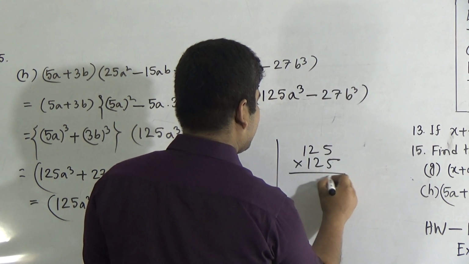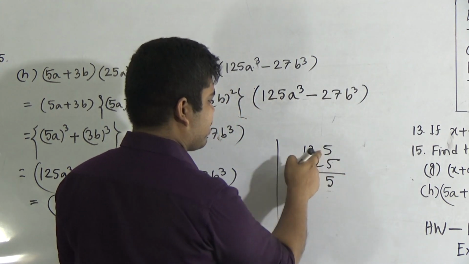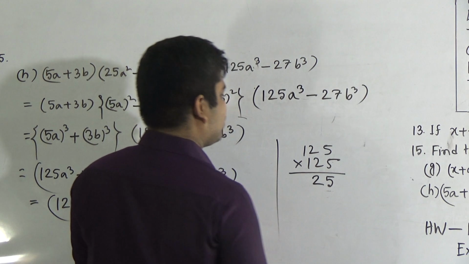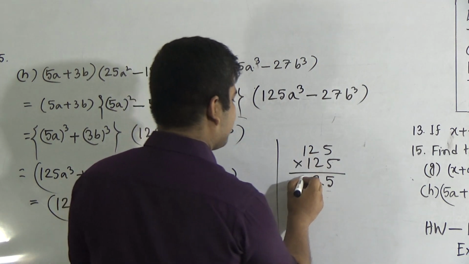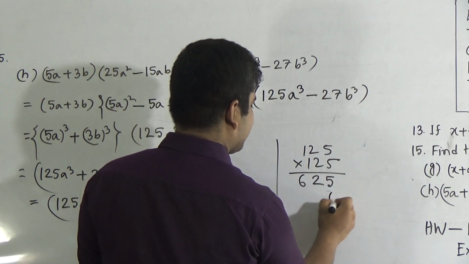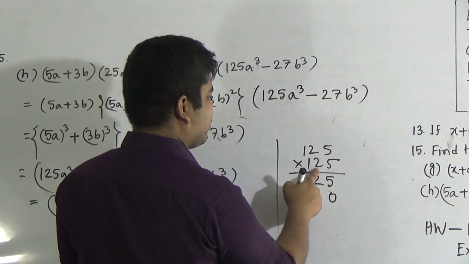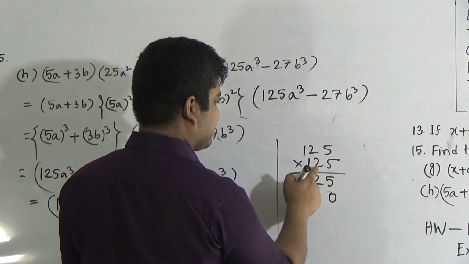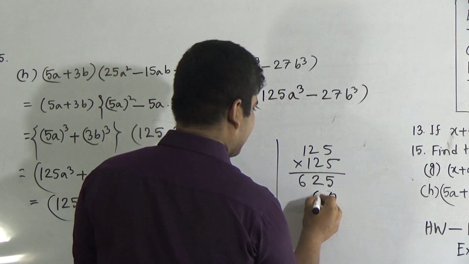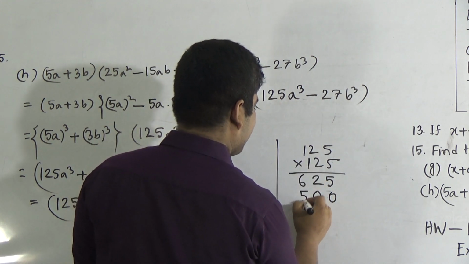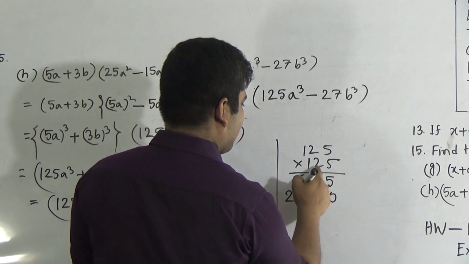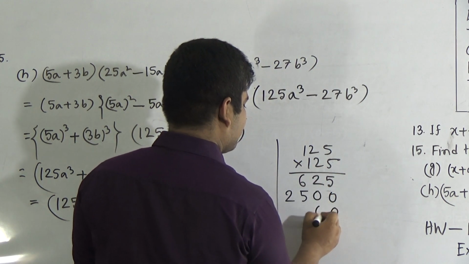5 fives are 25 carrying 2, 5 twos are 10 plus 2, 12, 5 ones are 5, 1, 6. So ones place done, so 0. Now we multiply 125 by tens place, 2 fives are 10, 2 twos are 4 and 5 and 2 ones are 2. Ones place, tens place both done, so 2 0.